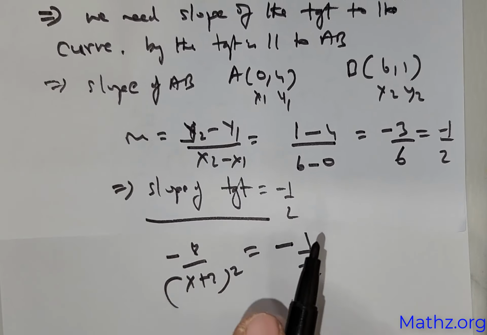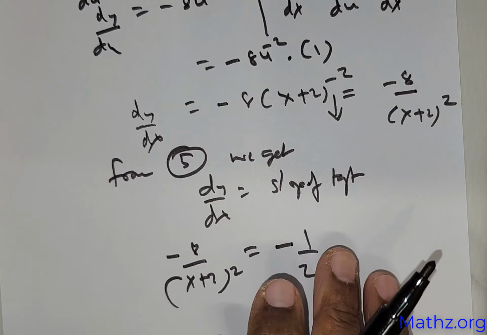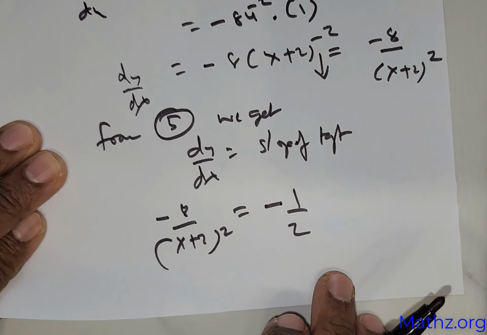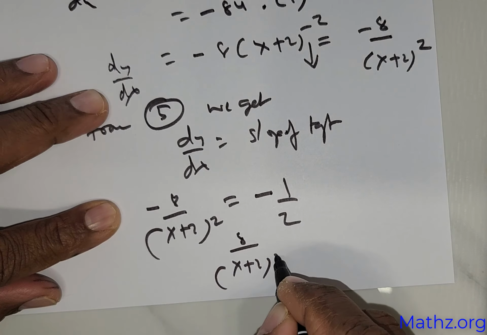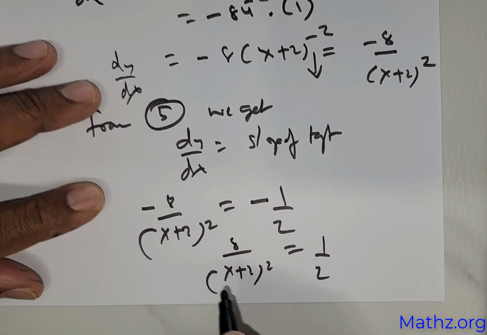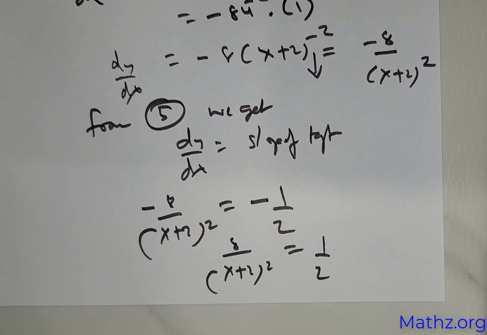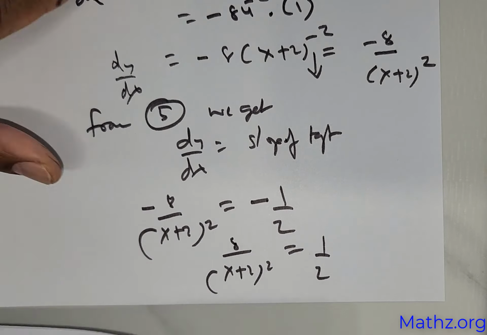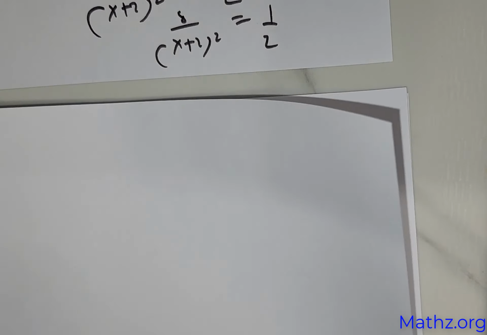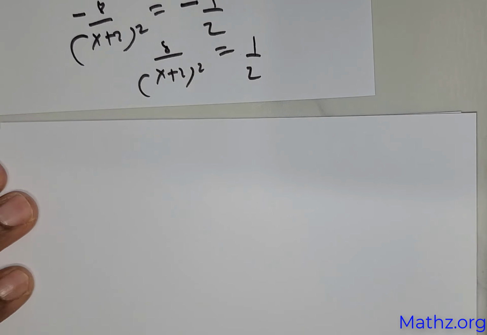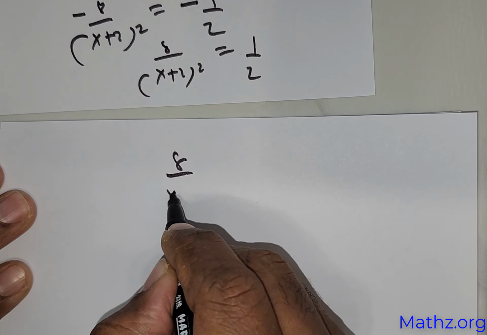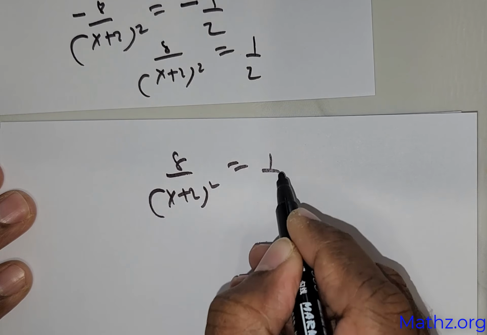The slope of the tangent is on the previous page. That would mean 8 over (x + 2) the whole squared is equal to 1 over 2.